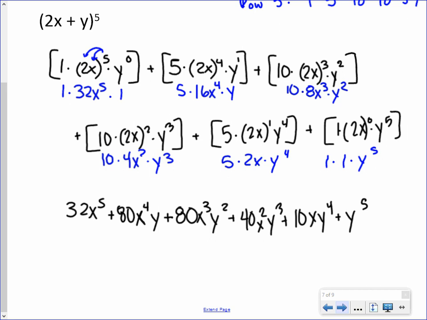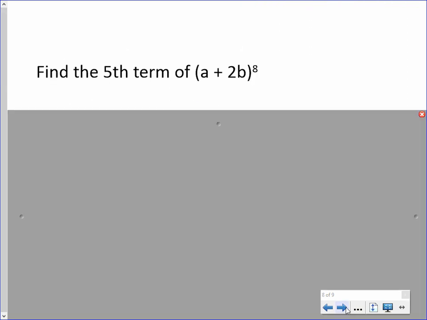Okay, now there are just a couple of other types of questions that I can ask using the binomial theorem, so you got to do a little bit of thinking here. If I asked you to just tell me the 5th term of a plus 2b to the 8th, how would you go about doing that?